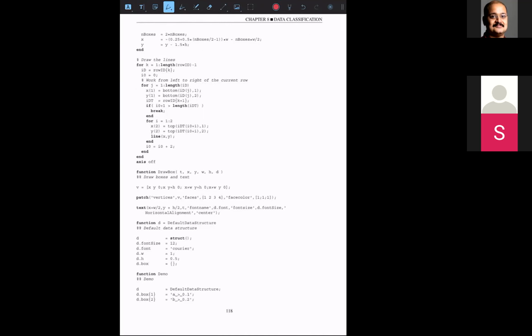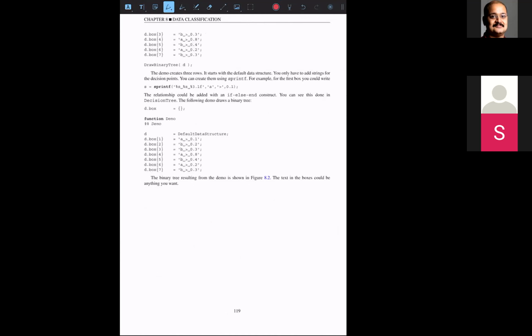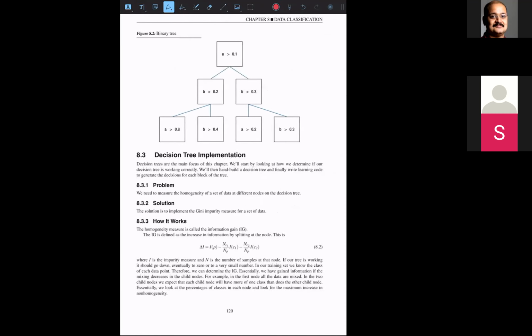As you can see, this code is not long. It is relatively short, but still you can construct a decision tree. And how is a decision tree implemented? Basically, you talk about entropy and information, and based on the information or the data that you receive... Correct.